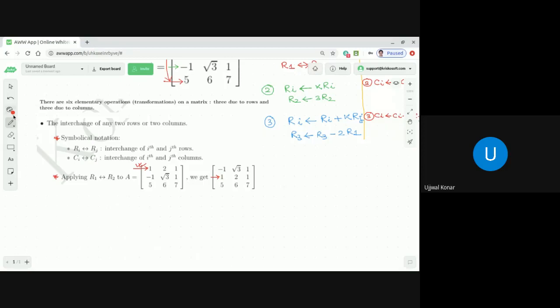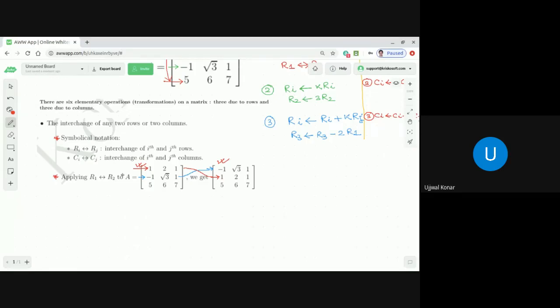And whatever the second row of the original matrix is becomes the first row of the transformed matrix. Whatever we get after this operation is called a transformed matrix.